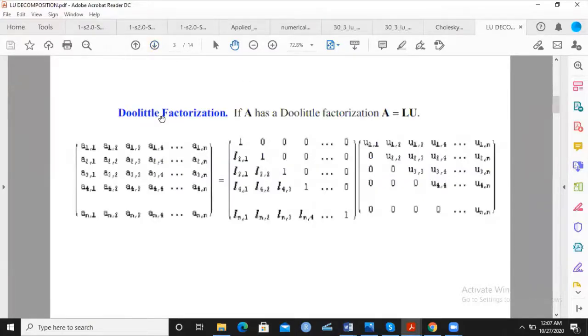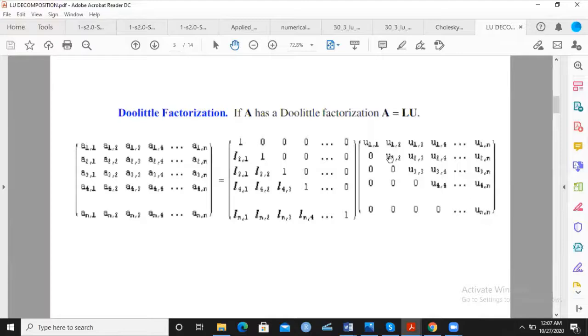Now there are two types basically used in practice for LU factorization. Here you can see this is the matrix A, this is the matrix L, and this is the matrix U. For L, you can see that it is lower triangular. Lower triangular means that below the diagonal we have the non-zero entries, but above the diagonal we have all zero entries.